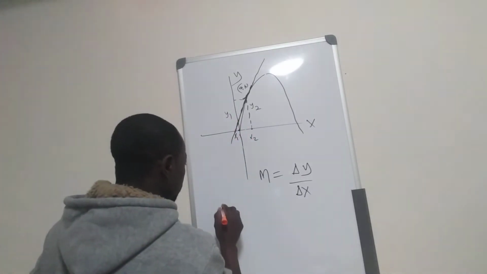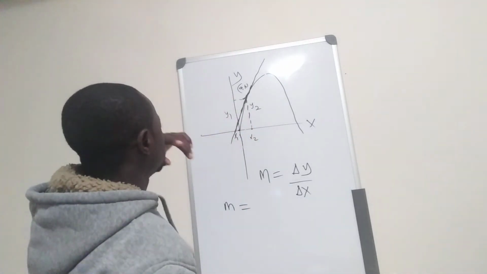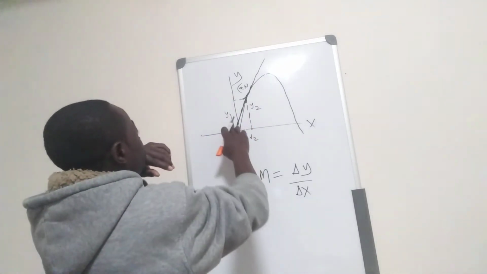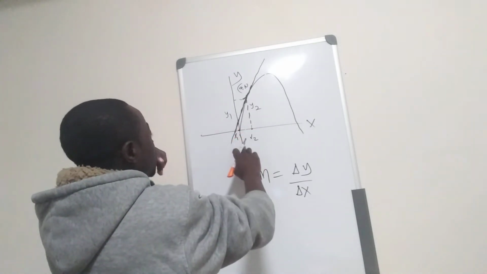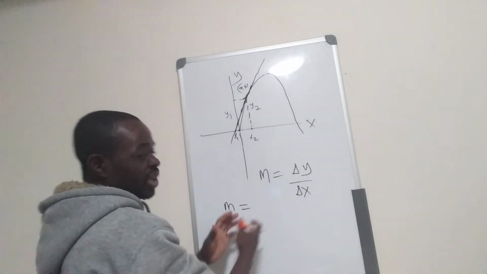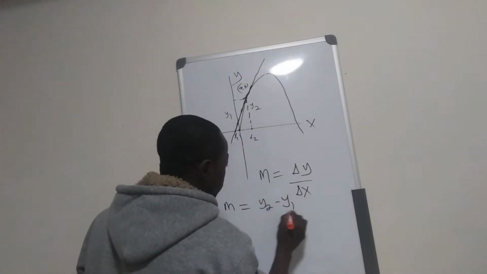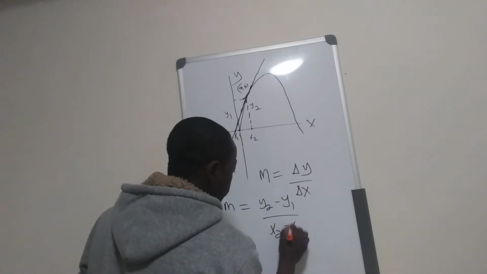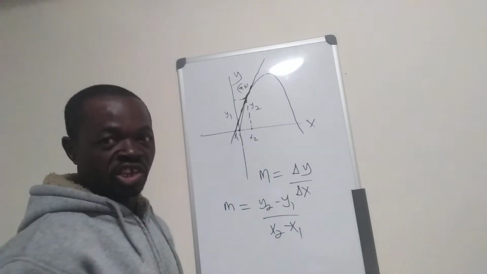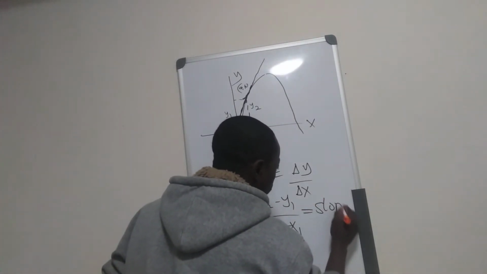So if I want to find the gradient using these points, let's say I have y1, y2, then I have x1, x2. The change in y is simply y2 minus y1 over x2 minus x1. So that gives me the gradient, or I could call it the slope.